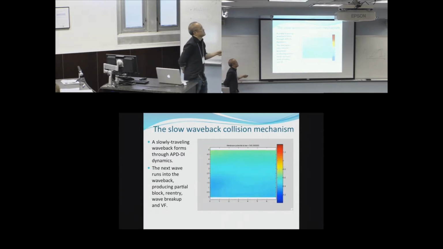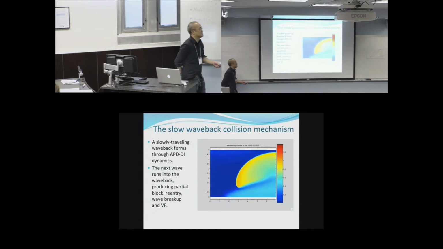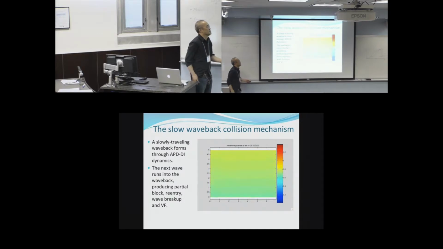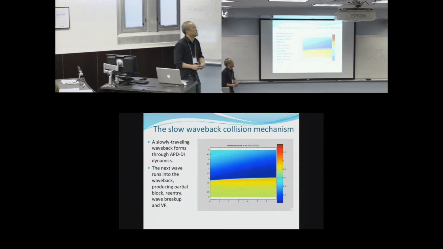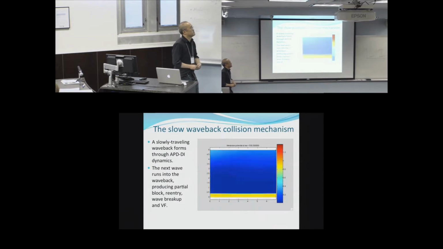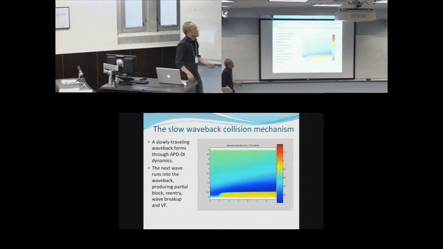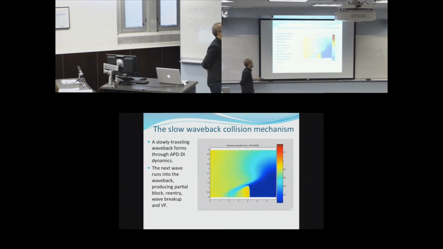So what we have here is a slowly traveling wave back, which is formed through dynamics of the interaction between action potential duration and diastolic interval of a series of waves, all of which are fairly closely spaced, but some of which are more closely spaced than others. What I'm showing you here is an ion channel model, and I'm launching waves from the lower edge.